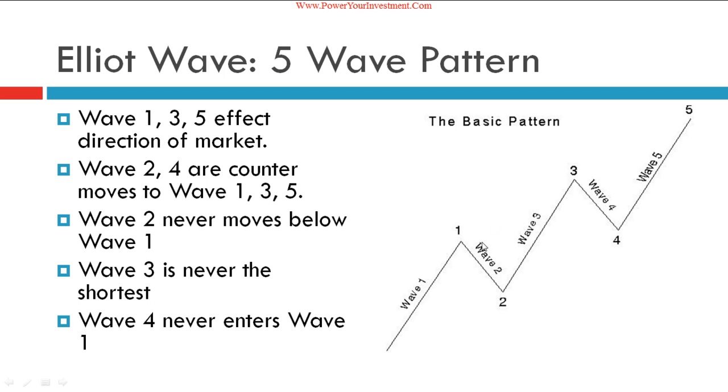Now before we move forward, there are 3 essential rules that no one who practices the Elliott Wave can break. These 3 rules at any cost have to be adhered to, else what you'd be practicing would not be the actual Elliott Wave principle.